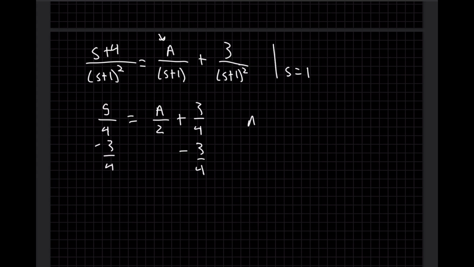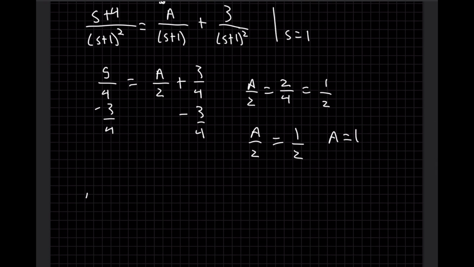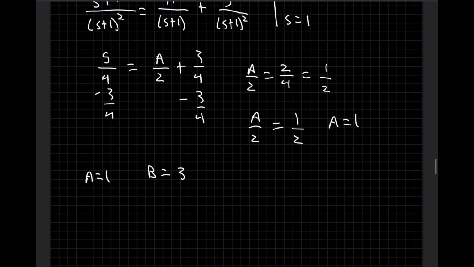We get a over 2 is equal to 2 over 4 is equal to 1/2. So a over 2 equals 1/2, a equals 1. So now we have a equals 1, b equals 3, and the expansion is 1 over s plus 1 plus 3 over s plus 1 quantity squared.